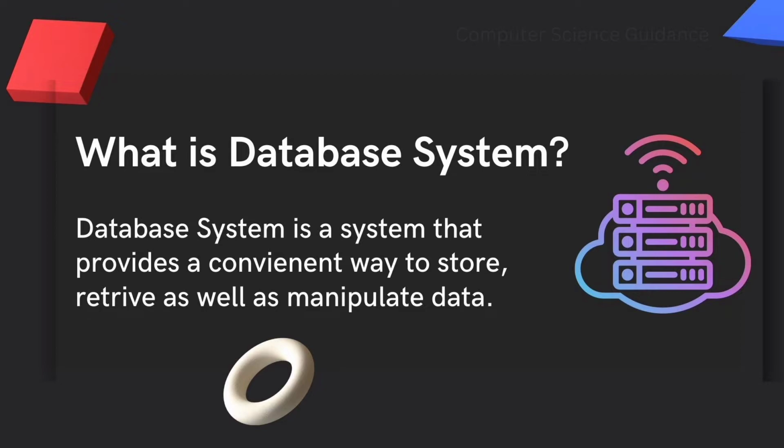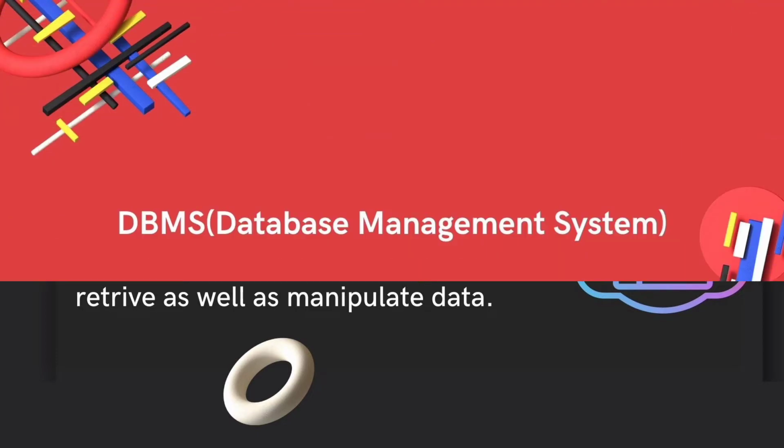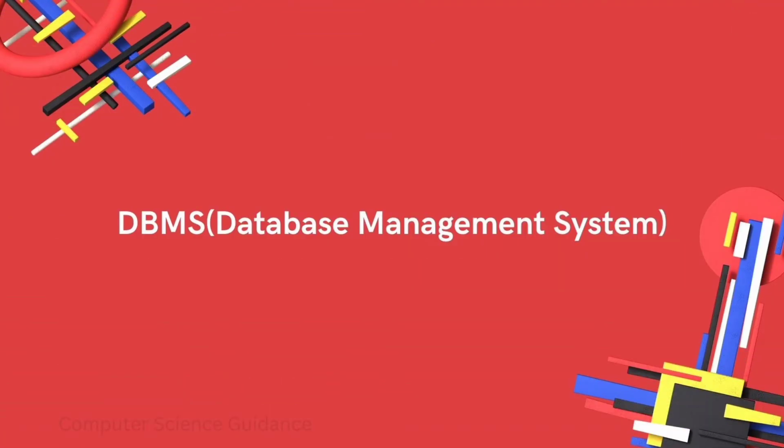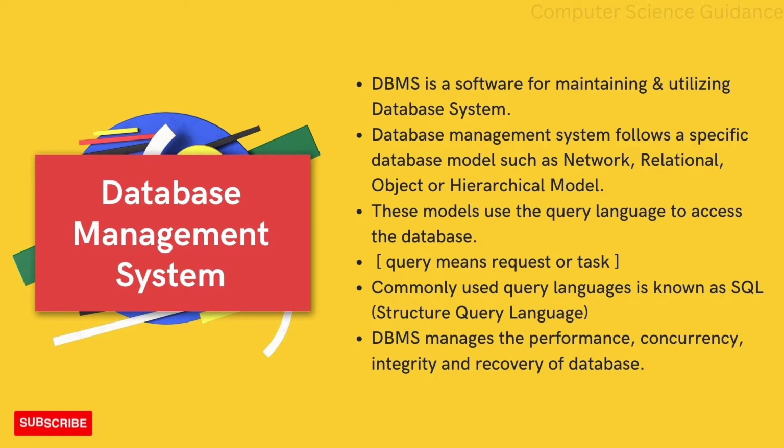What is database system? Database system is a system that provides a convenient way to store, retrieve as well as manipulate data. Database management system. There are many points given below about DBMS, so let us understand those points one by one.